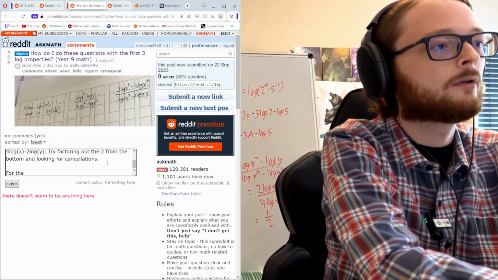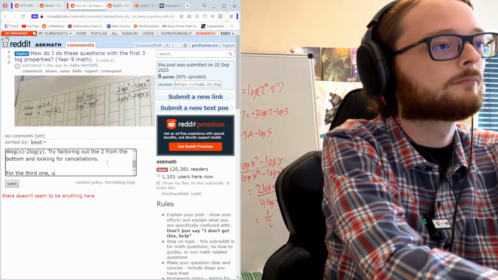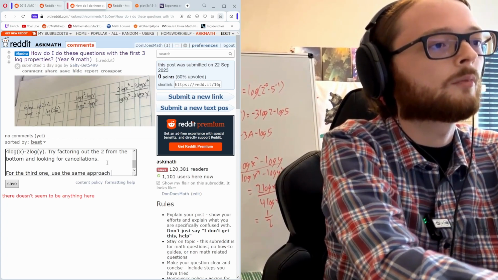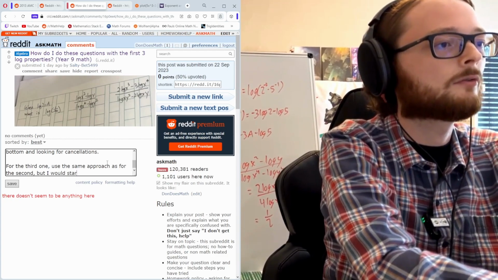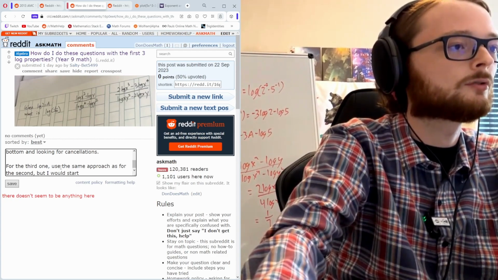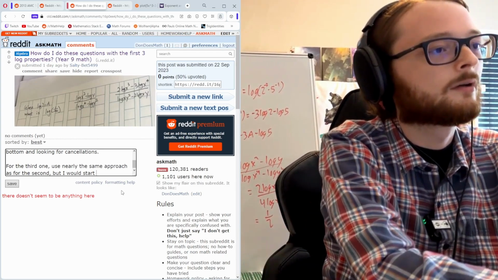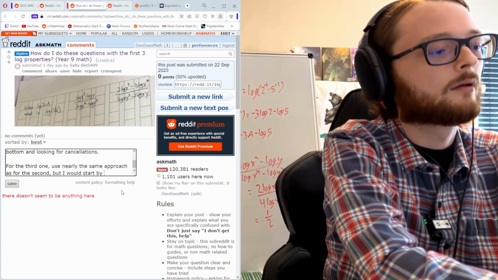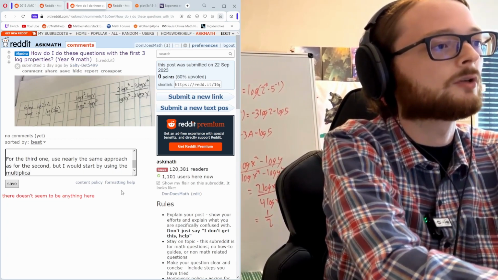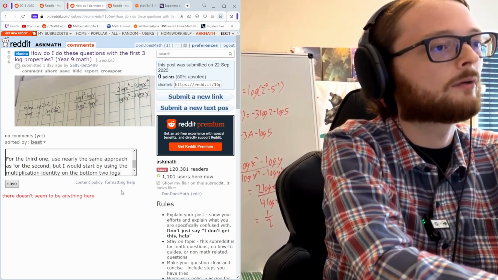For the third one, use nearly the same approach as the second. I would start with the multiplication on the bottom logs.